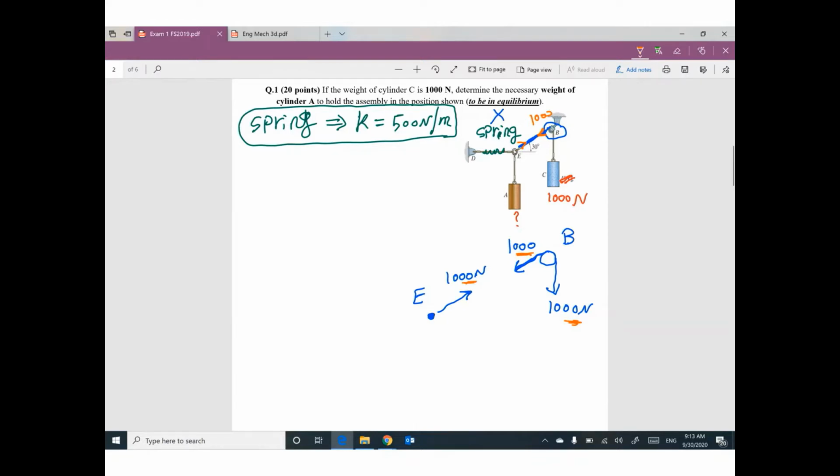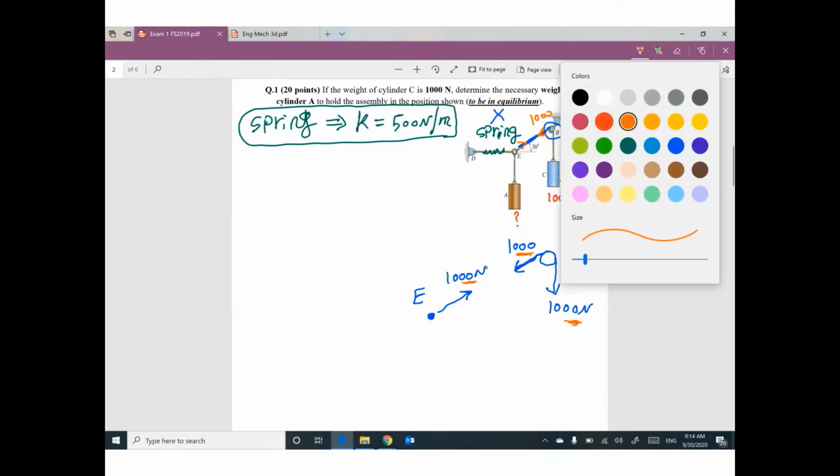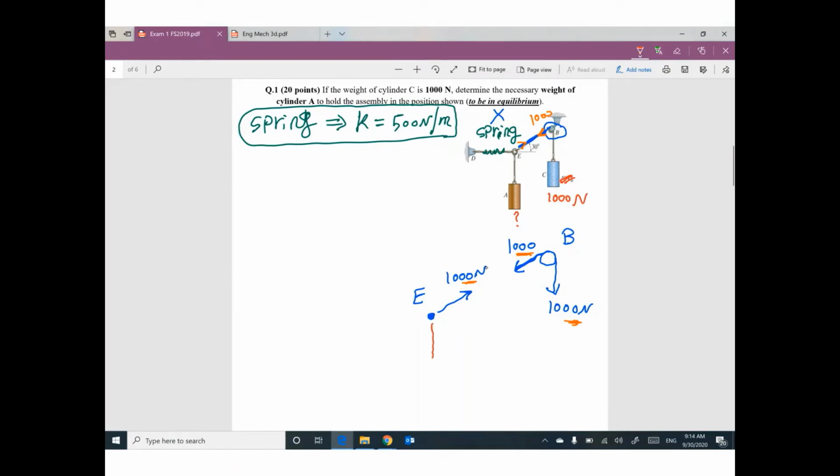And we have a vertical weight, which is cylinder A. This weight is unknown. And we have a spring here. Actually, I don't care about any spring or rod. We have another force here, called FED.